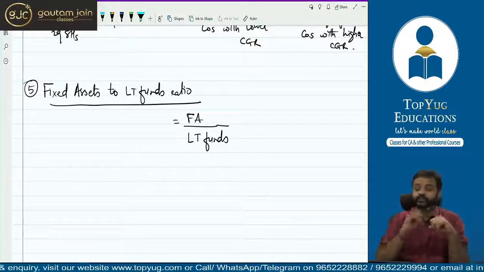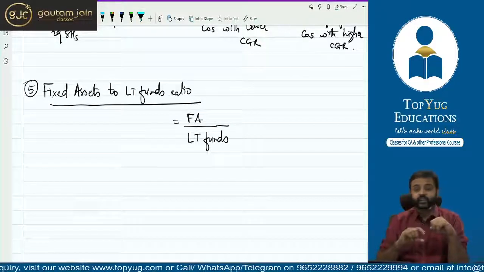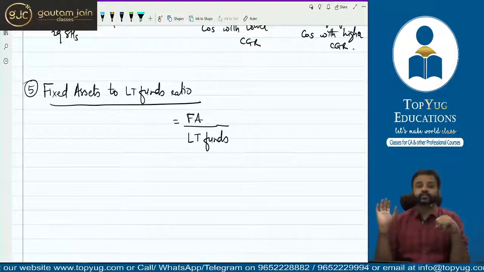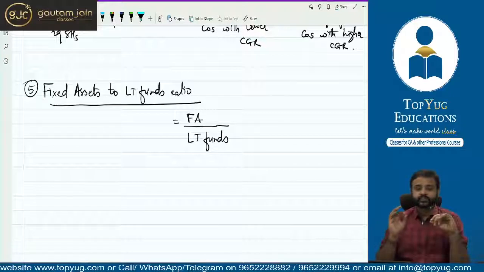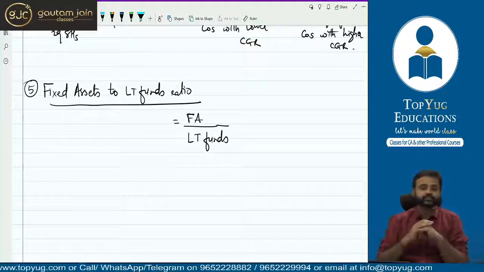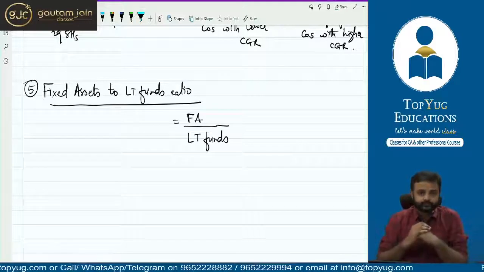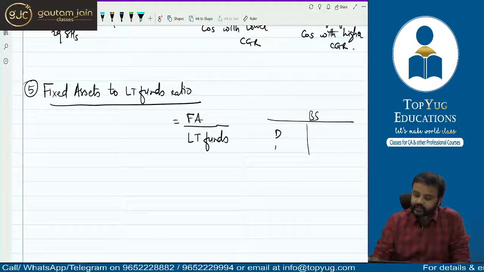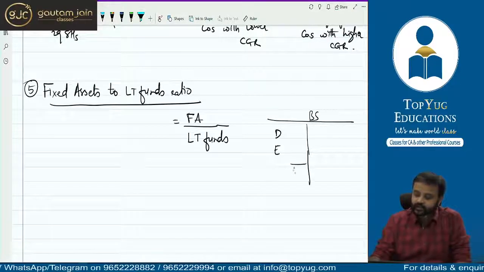So when we say fixed assets compared with long-term funds, that means we are understanding how much of the long-term funds have been used for fixed assets. So in a way, this is complementary to what? Working capital to long-term funds ratio. If I know 60% is this ratio, that means how much is working capital to long-term funds ratio? 40%. Correct? See guys, this is the balance sheet. Okay, this is debt, this is equity, which is nothing but the capital employed.